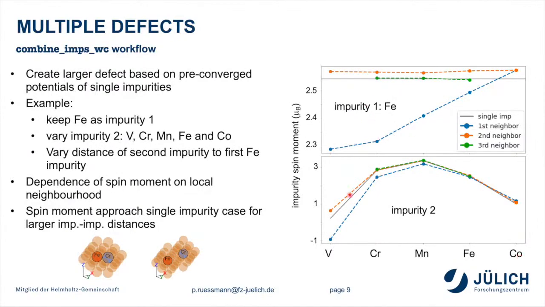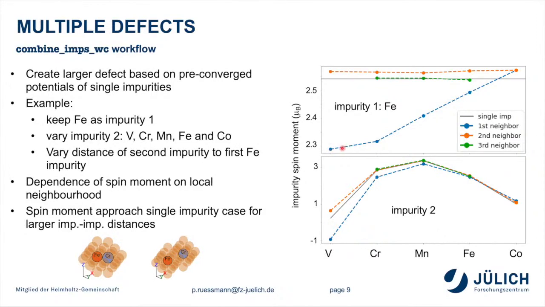And here on the right, you see the influence this has on the impurity spin moment. The gray line is always the single impurity value, and then these different colors show you how the impurity spin moment converges towards this single impurity value if you increase the distance between these different impurities.